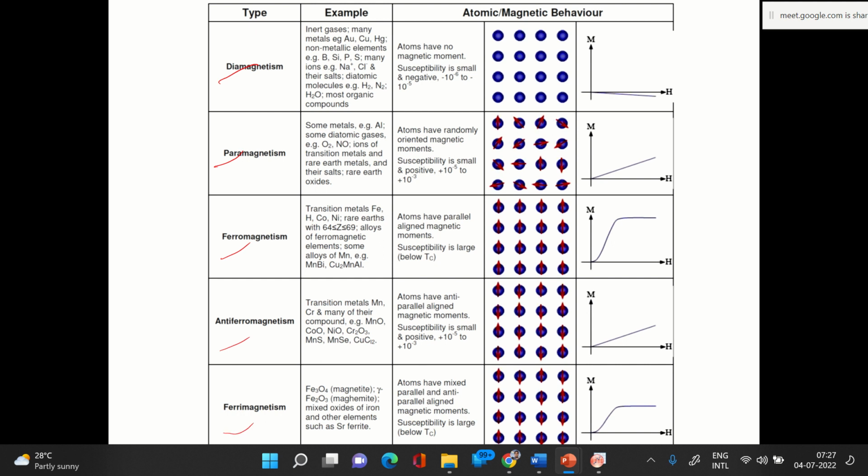These are the five types of magnetic behavior. The first one, diamagnetism, is shown by inert gases, gold, copper, mercury in metals, and non-metallic elements like boron, silicon, phosphorus, sulfur.